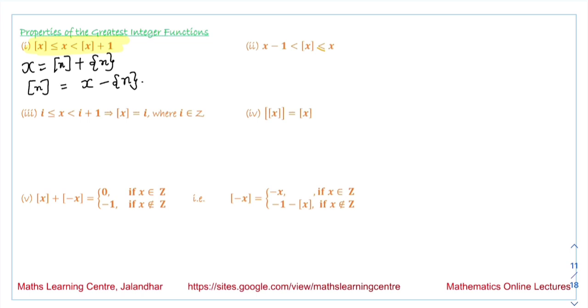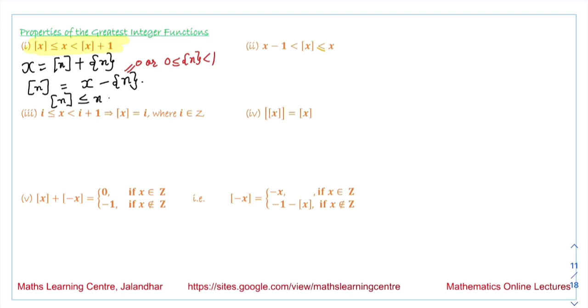So this gives us that greatest integer of x is always less than or equal to x. The fractional part can be 0, or its value lies between 0 and 1. So greatest integer of x is always less than or equal to x.